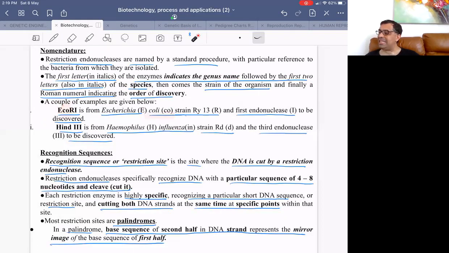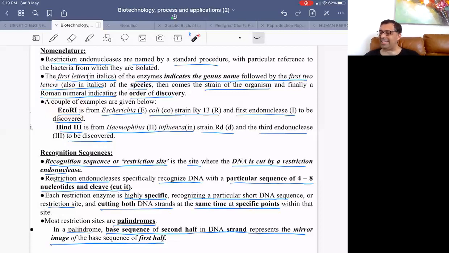Then comes the strain of the organism. It is R, which is the RY13 strain. And a Roman number indicating the order of discovery. It is Roman number I, which is the first endonuclease to have been discovered from Escherichia coli. So it is called EcoRI.